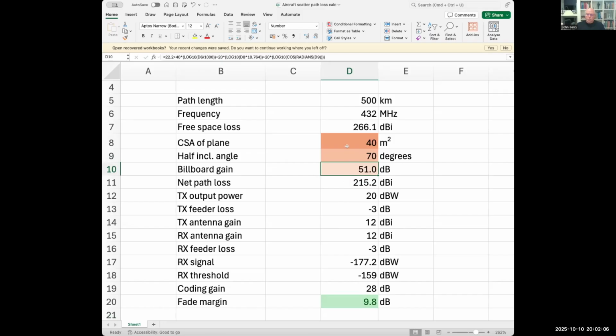And so we've got the two variables there, the cross-sectional area of the plane and the angle. And the two together give us the billboard gain, and that tells us whether it will or won't work. So in that we need a big plane-ish, and we don't want to hit it glancing.